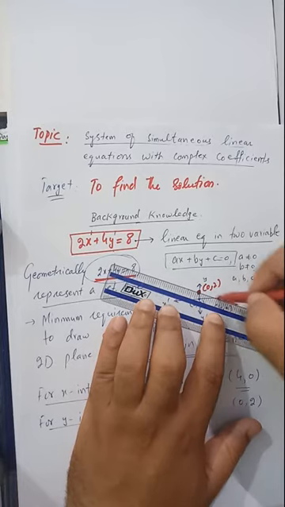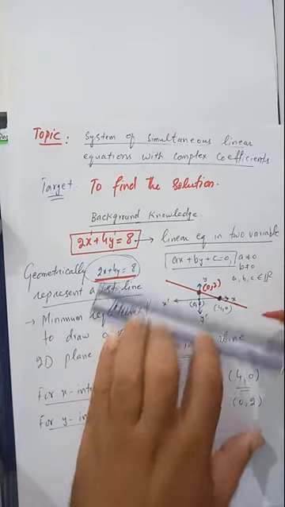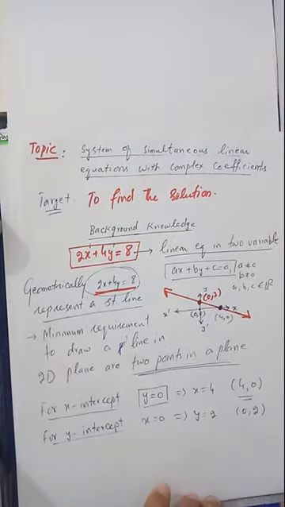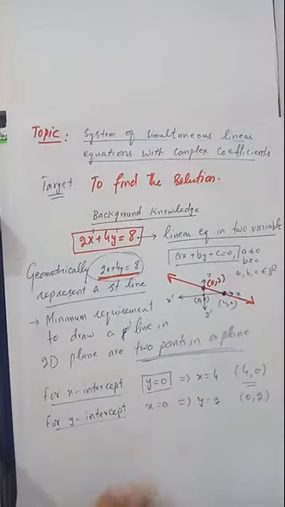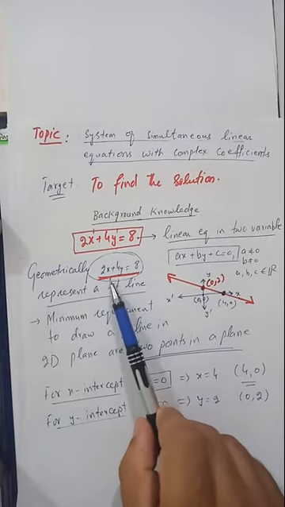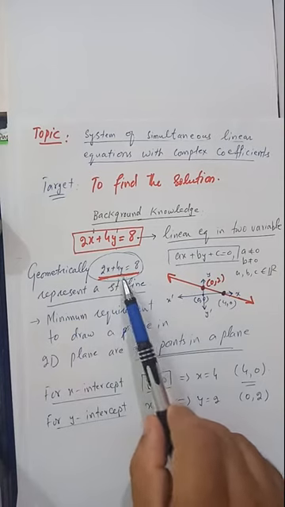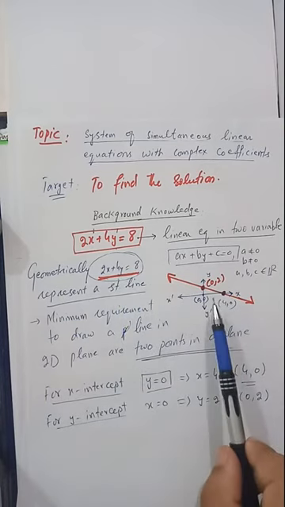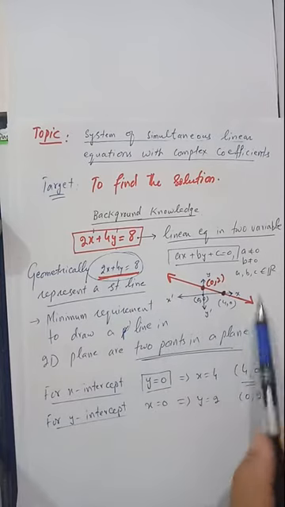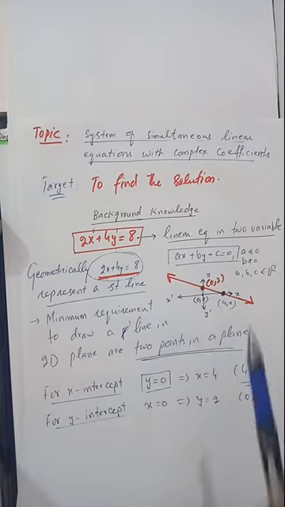So you see that this is the line, the graph of this equation. So in short, we can say that a linear equation in 2 variables graphically represents a straight line in a 2-dimensional plane.